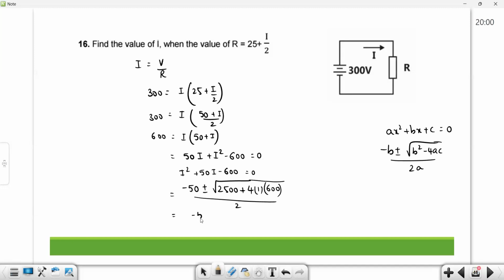Then it will be minus 50 plus or minus under root 2500 plus 2400, so totally it will be 4900, by 2. What will be the answer? Minus 50 plus or minus 70 by 2.